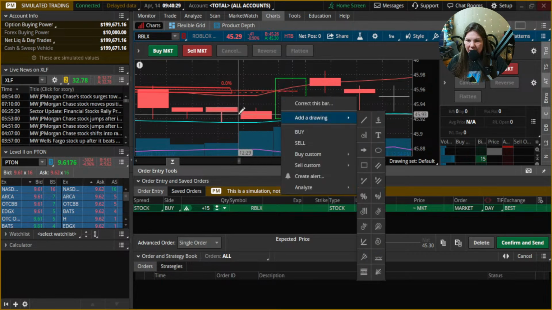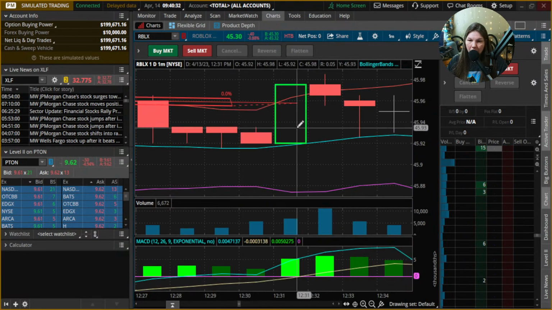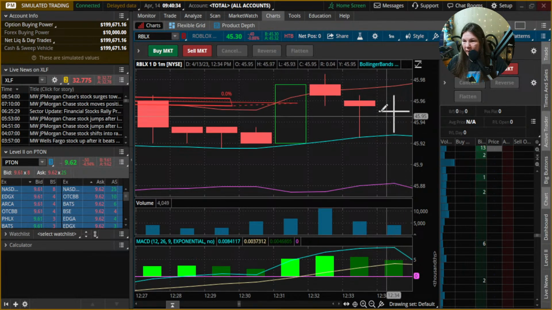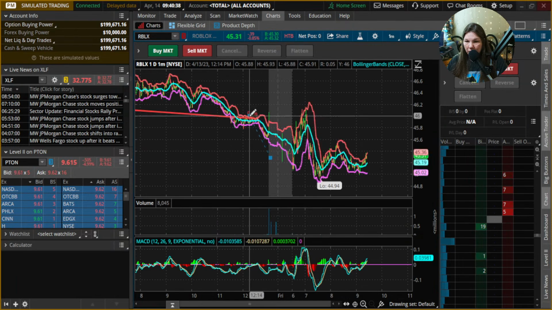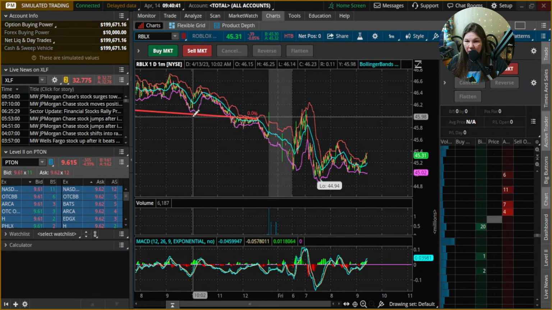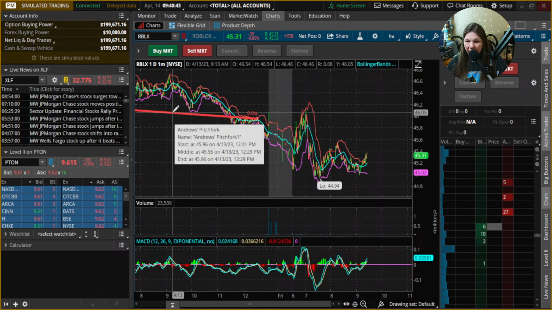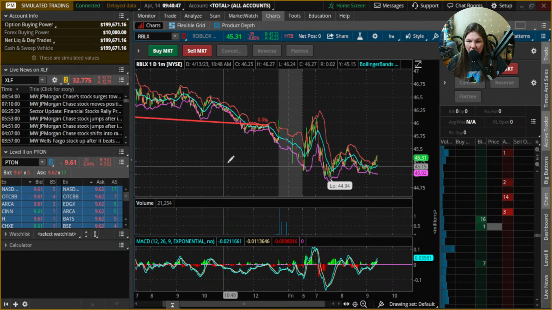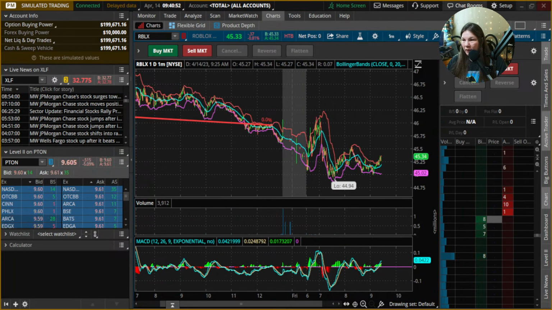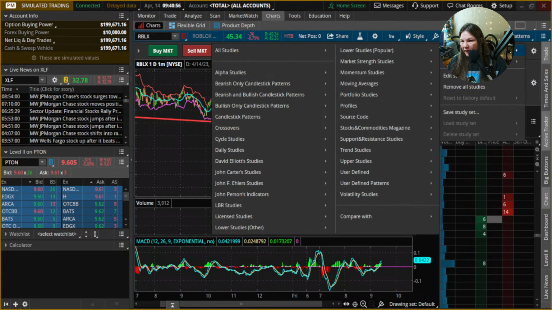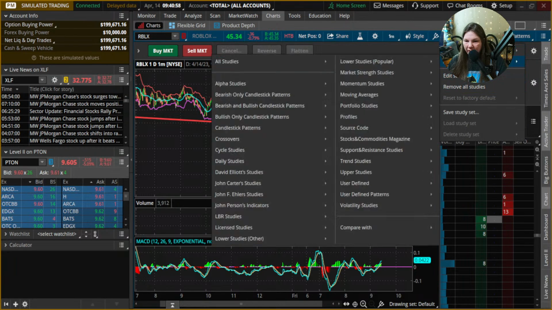Oh, that's not what I meant to do. I don't know how to remove what I just put on there. Let's see if we can go back. Okay, well, that didn't work. This line we put right here, Andrew's pitchfork, I don't know how to take it off, but we will figure it out next time. I bet we just go up here. That's how you add a study.